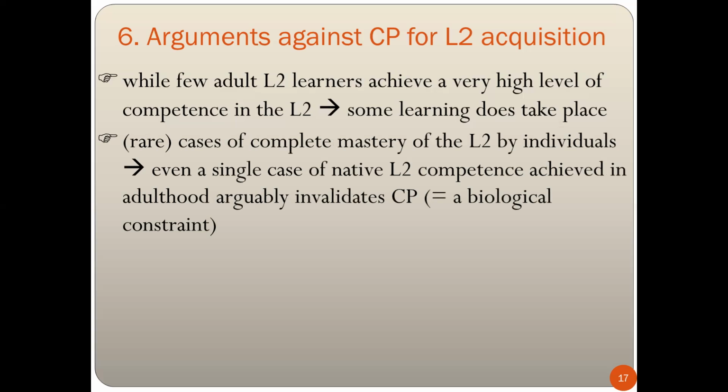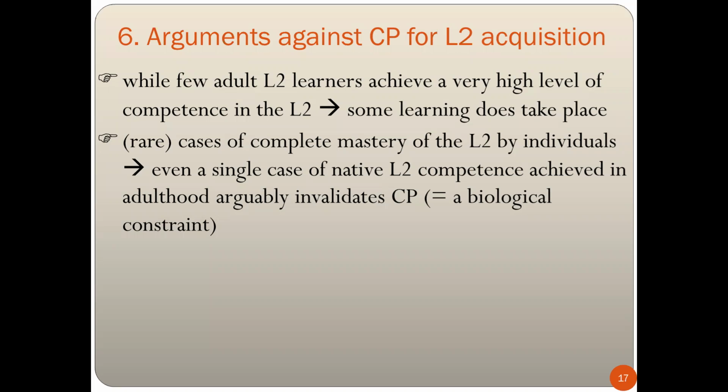Then there have been a small number of studies which have managed to show rare cases. When I say rare, I should say extremely rare cases in which someone who only started learning the second language as an adult learner managed, nevertheless, to achieve complete mastery in the second language.